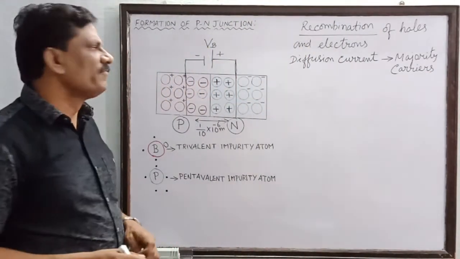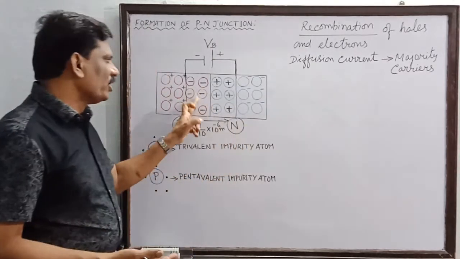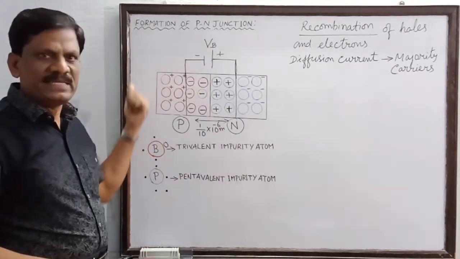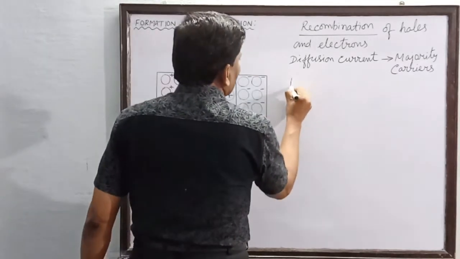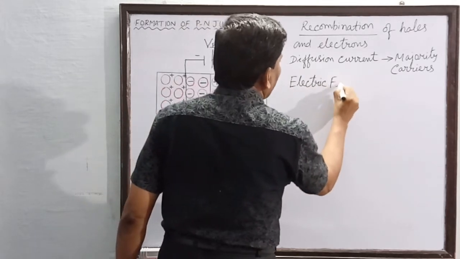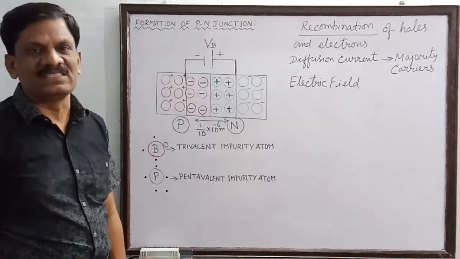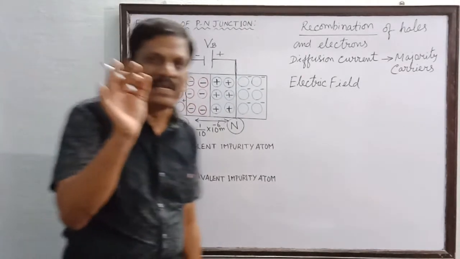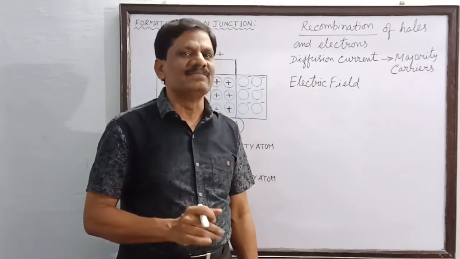As a result of diffusion, a positive potential is established on the n side of the junction. Negative potential is established on the p side of the junction. As a result, electric field is established. An electric field is established across the junction. Now you carefully listen, one very interesting phenomenon is going to happen.